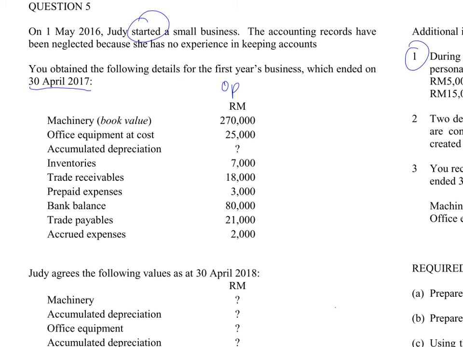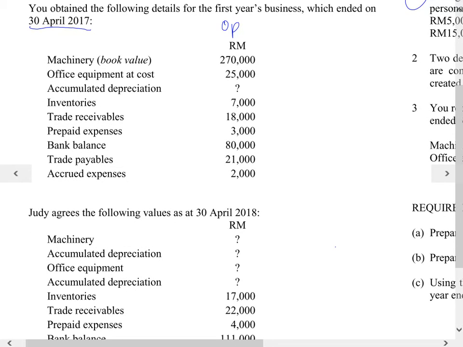That's why incomplete. You obtain the following details for the first year of business which ended 30th April 2017. So my first year end is April 2017. You are also given 30th April 2018.